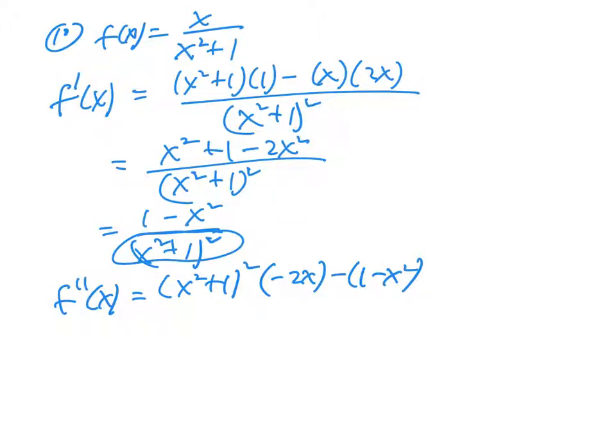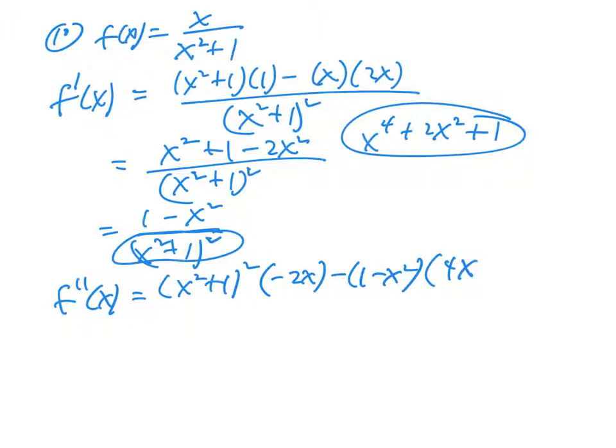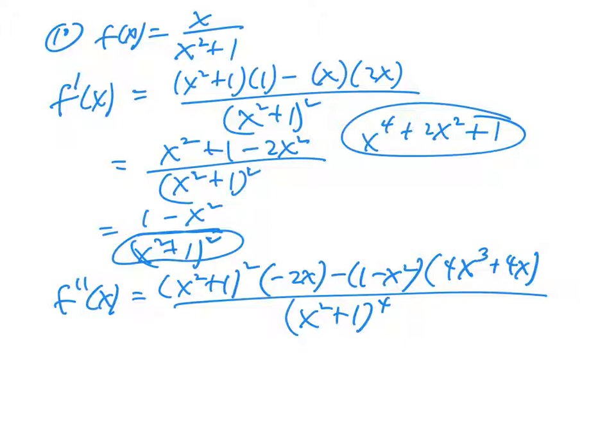Well, we just have to multiply it out. So that would be x to the 4th plus 2x squared plus 1. So to take the derivative of that, that would be 4x cubed plus 4x. All over denominator squared, so that's going to be 4th power.